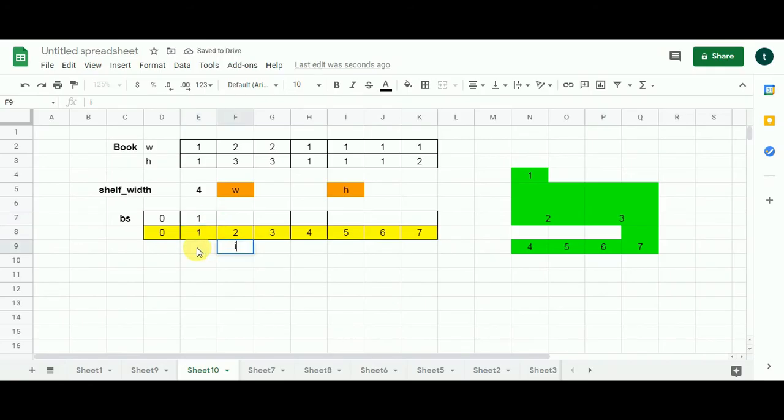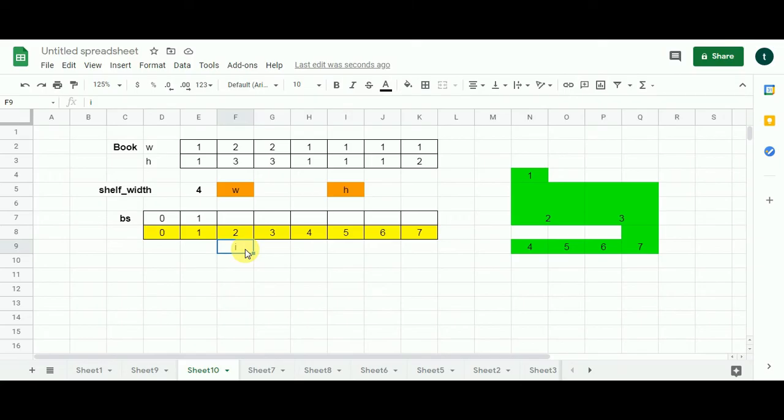Now there are two scenarios we have to consider from here. One is that we already have the height of the previous arrangement calculated. The first case is that we place the current book in a different shelf, the next shelf. The second case is that we try to adjust this book with the previous books and check which arrangement gives us the minimum height.